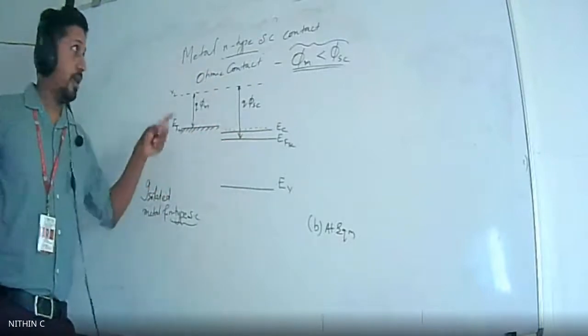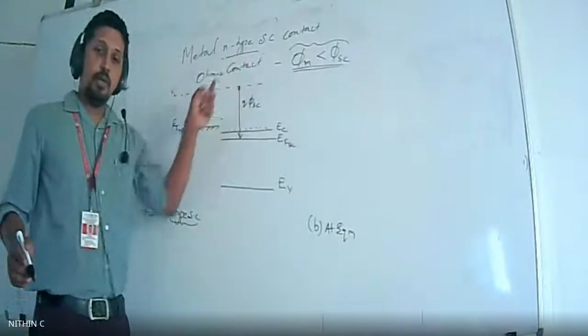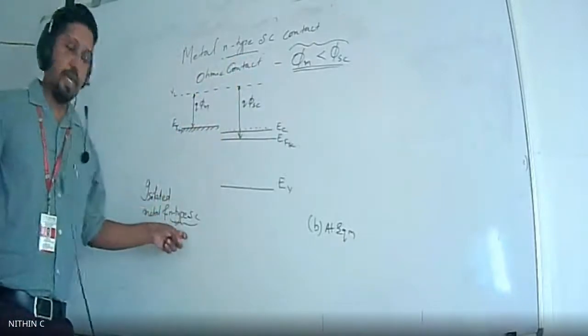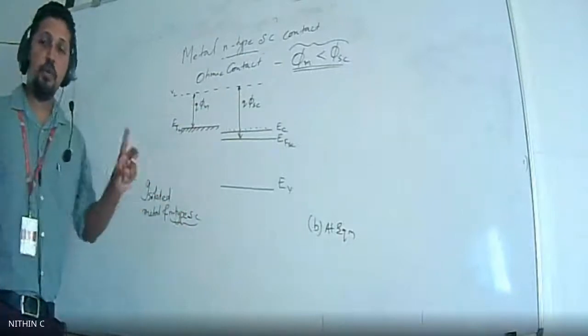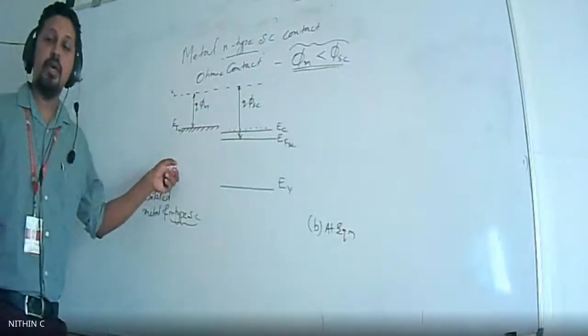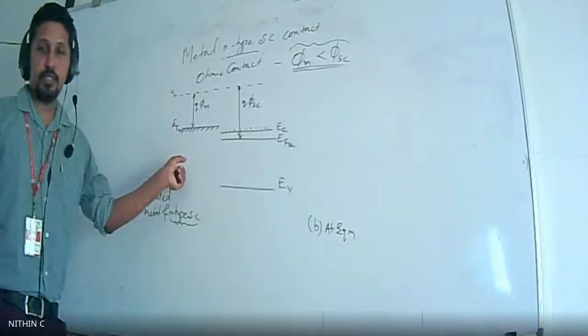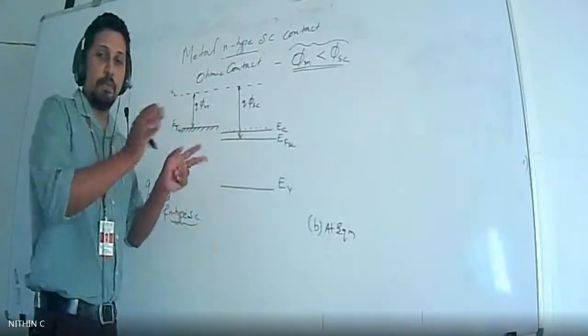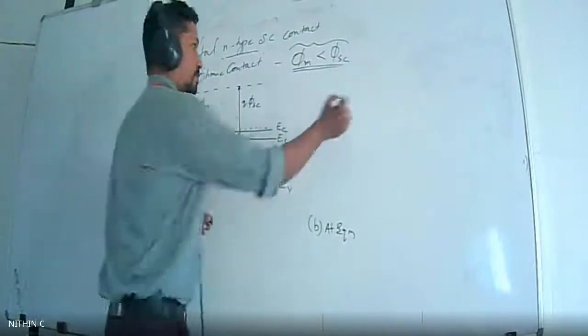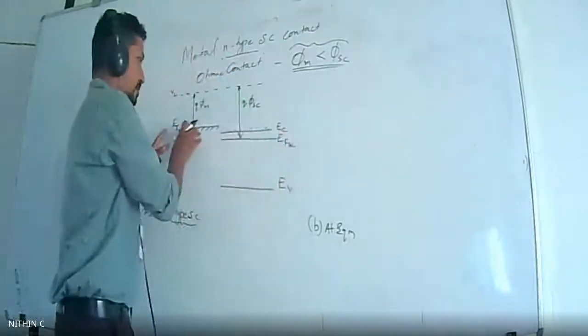Please note that point. In the case of ohmic contacts, when the metal and n-type semiconductor are joined together at the junction, you will not have any depletion layer. Instead, you will have an accumulation layer of charge carriers. So the difference here is that you should not draw the depletion layer. But the conditions are the same, right?